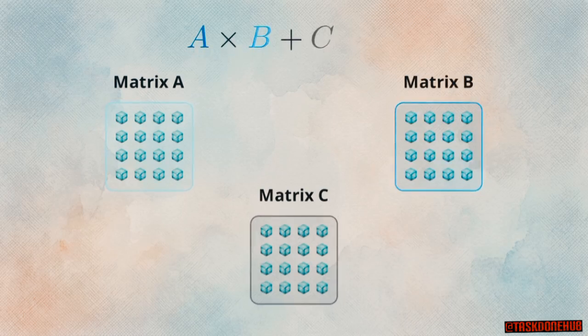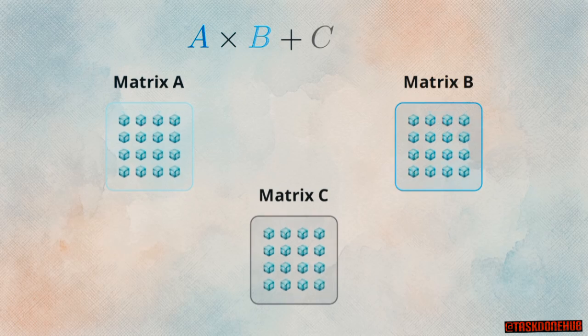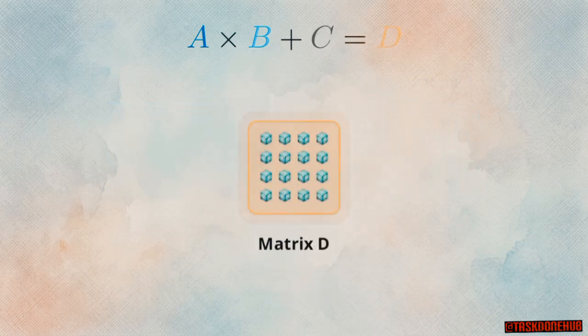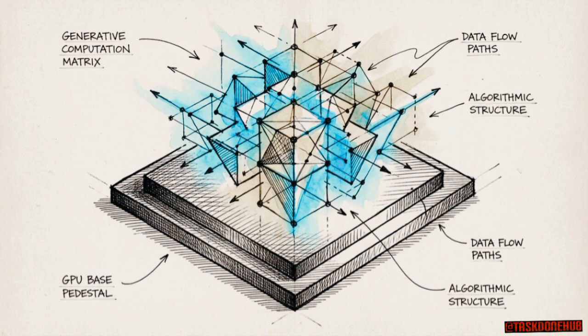They ingest 3 entire matrices simultaneously. Rather than executing sequentially, the core completes the multiplication and addition for all overlapping variables concurrently in a single clock cycle. True hardware acceleration requires evaluating entire structural matrices instantly, cementing the GPU as the physical foundation for generative computation.